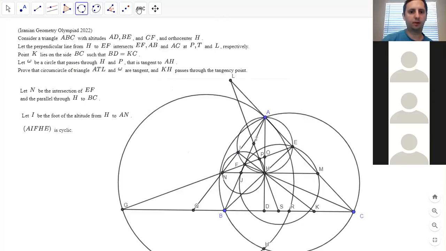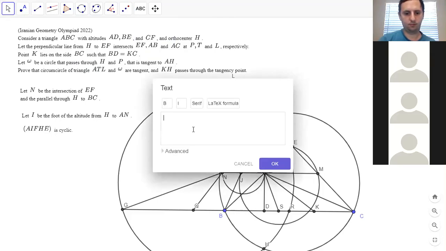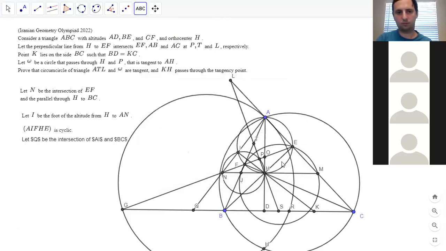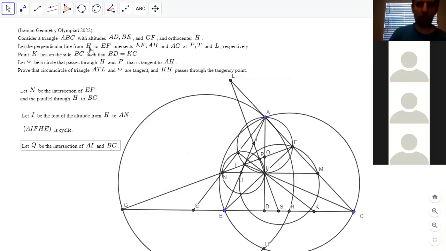So let Q be the intersection of AI and BC. Then we call G the intersection of EF and BC. Okay.